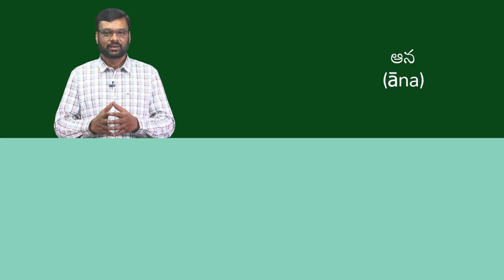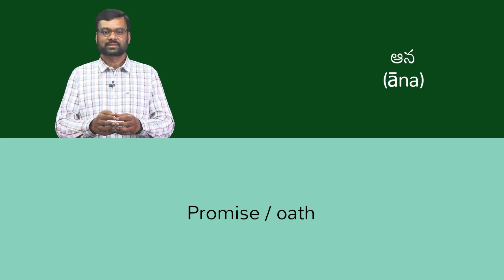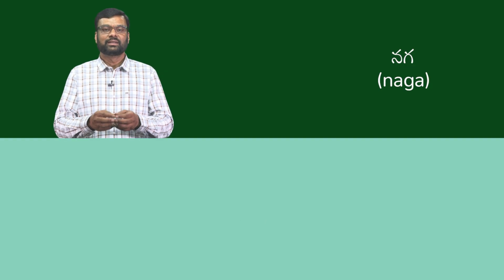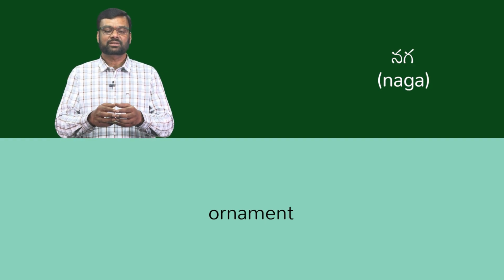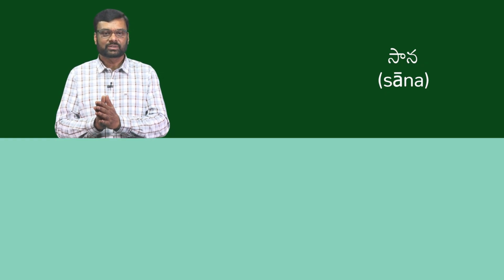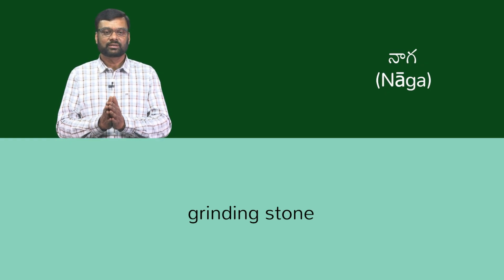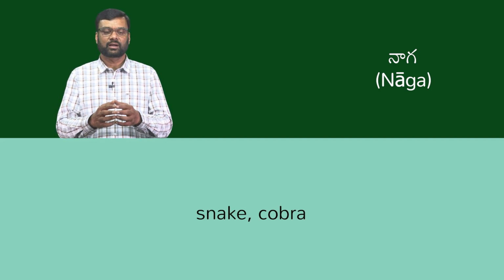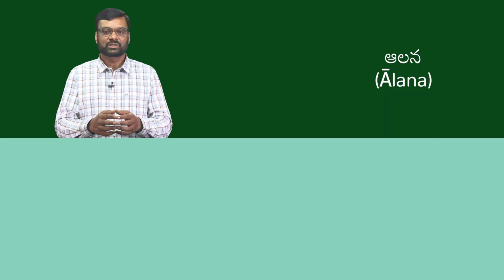Ana, which means promise. Tana, which means own. Naga, which means ornament. Nasa, which means nagging. Sana, which means grinding stone. Naga, which means snake or cobra. Alana, which means care.